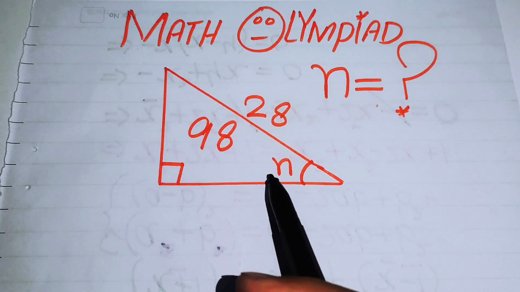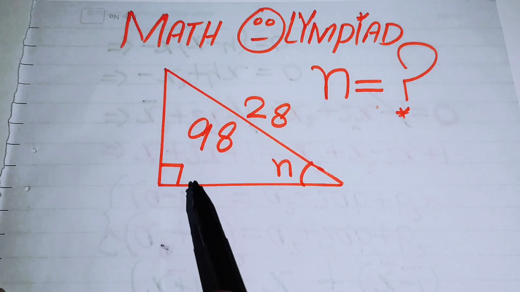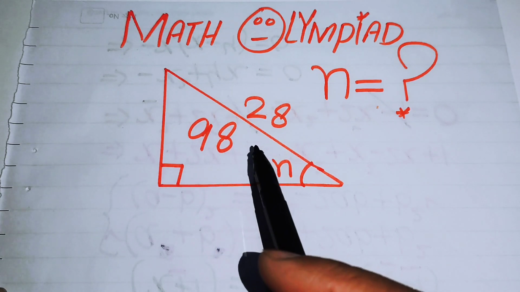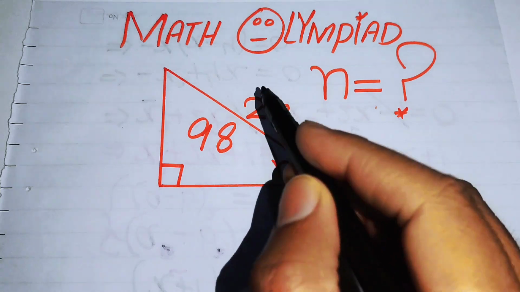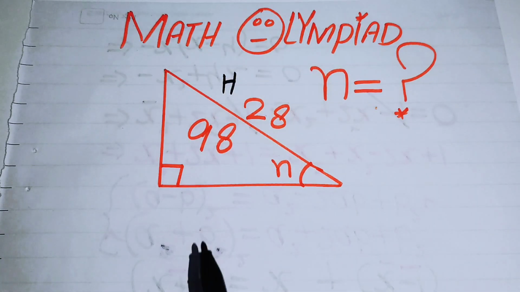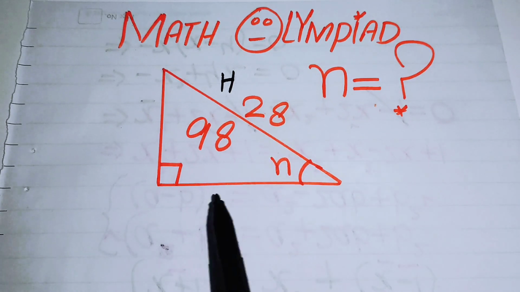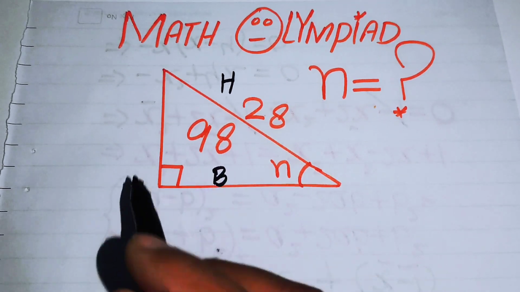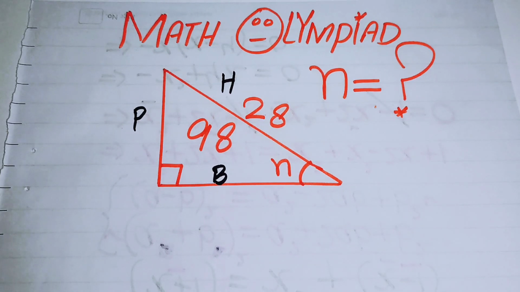The very first thing we are going to do is, you know that the side opposite to the right angle is known as the hypotenuse. So this is our side which I can name as hypotenuse, and the side which joins these two angles is known as its base, and this side is known as the perpendicular or altitude.